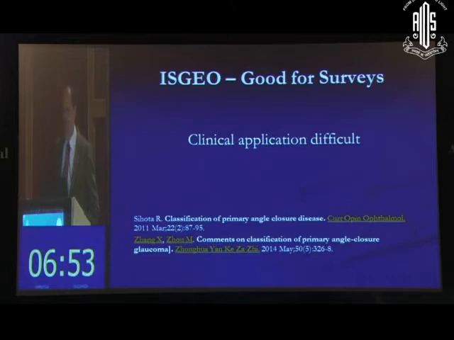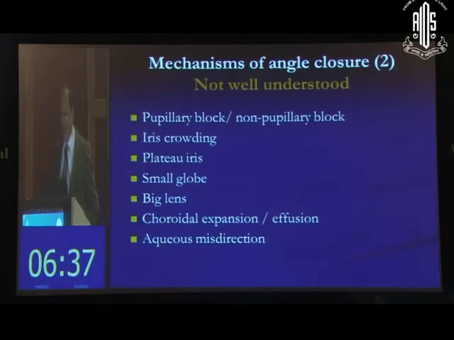This is a good classification and, as I said, it is more accepted now, but still it's not without problems. People say it's basically good for surveys, because clinically what we see is a far more complex spectrum that is not really covered by this classification, but still it is a very good beginning and a good place to start.